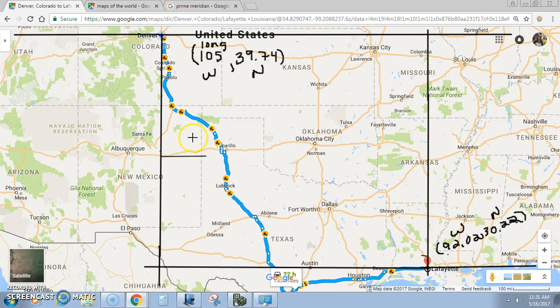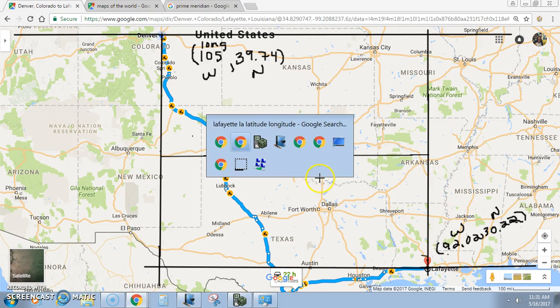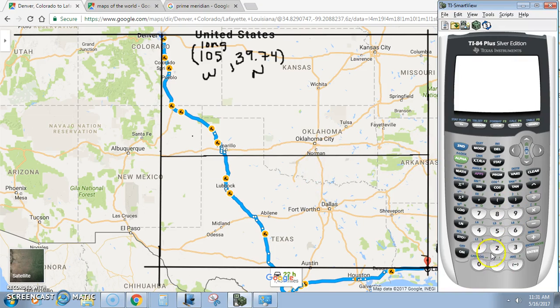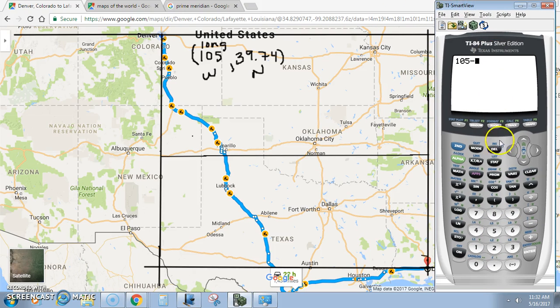What is the distance between our two longitude lines, right? I want to know what is the distance between our two longitude lines. Like I said, this is 105 and this is 92. So if I just subtract those, I have 105 minus 92.02.